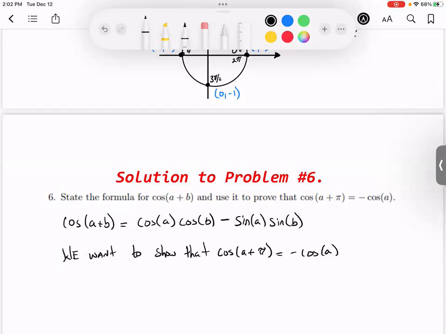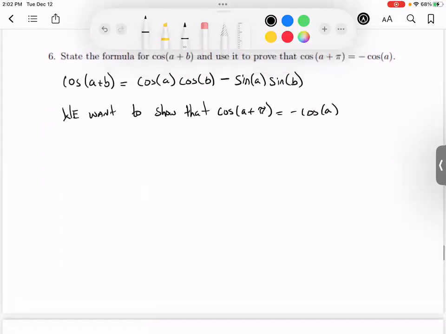And ultimately, I want to show that it's equal to the right-hand side. Okay, so I'm starting with cosine of A plus pi, and I want to end with negative cos A.